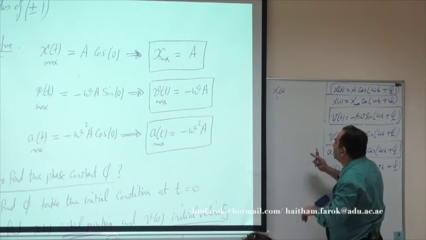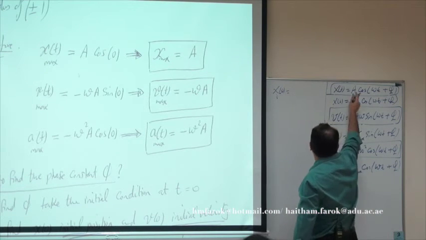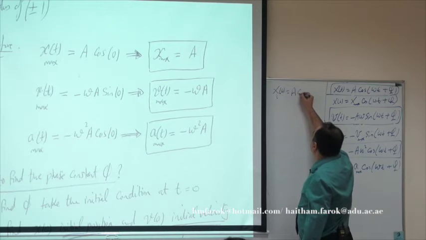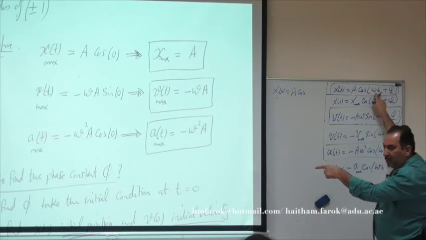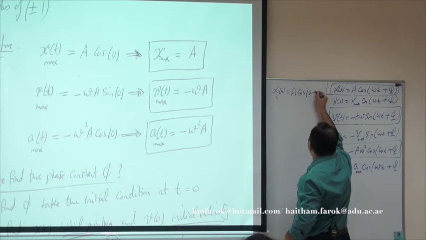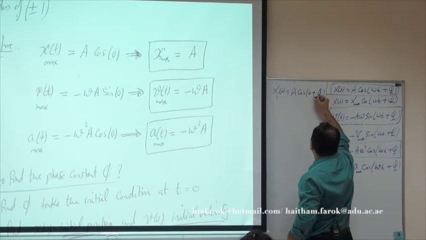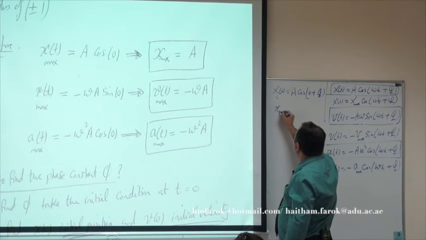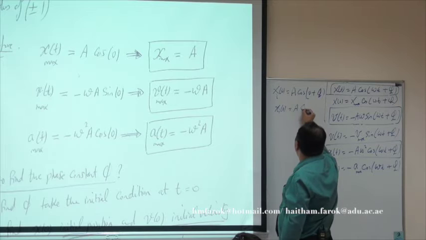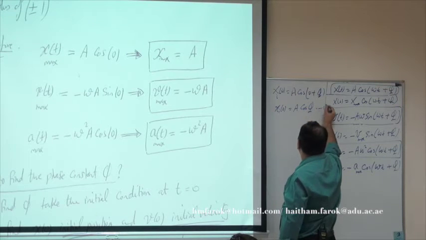But I'll use symbols here. xi equals amplitude, cosine. What is the time? 0. When the time is 0, so 0 plus phi. So now xi is equal to A cosine phi, equation number 1.